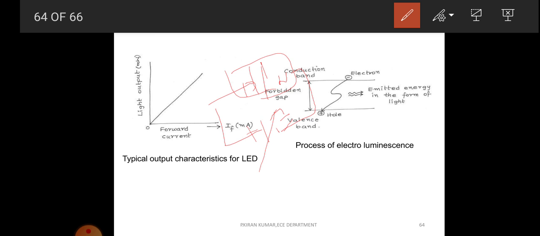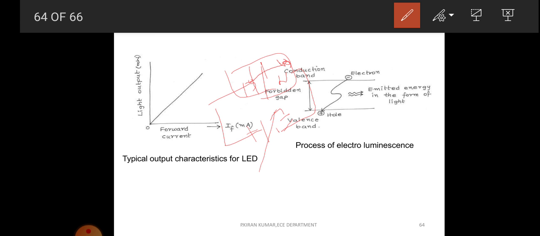When you apply the forward bias, in the P region, recombination first starts using the minority charge carriers. In the P region the minority carriers are electrons, so electrons jump from the P region to the N region, and the N region has minority carriers, holes.